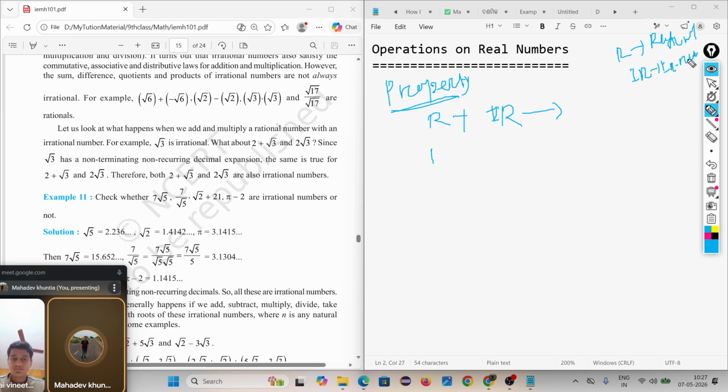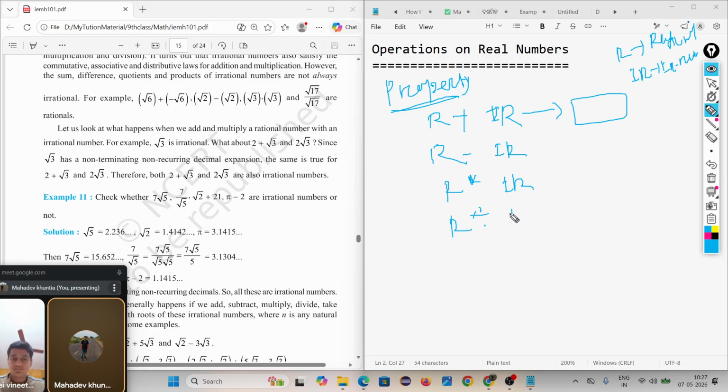Before doing operations on real numbers, look at the property. My question is: rational number plus irrational number, rational minus irrational, rational multiplied by irrational, rational divided by irrational.